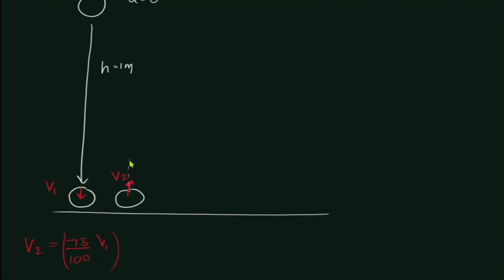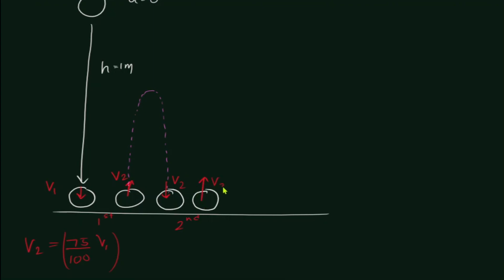Next it's going to go to a maximum height, and then once again it's going to bounce. It's going to come back also with the same velocity v2, but this is the first bounce. Now the second bounce occurs, and its velocity decreases further.